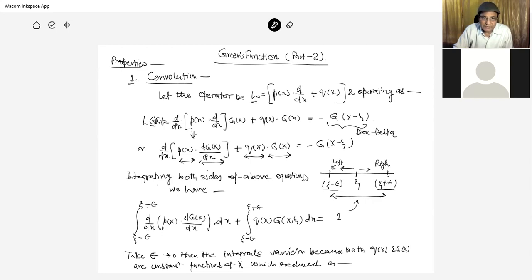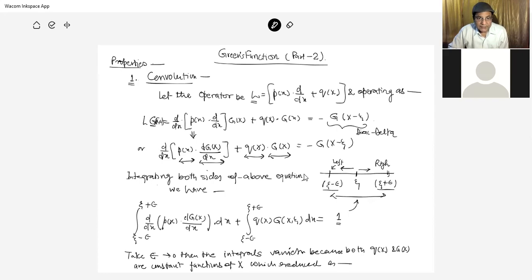So we integrate the above equation with respect to these two limits. One part is the integral from xi minus epsilon to xi plus epsilon of this term, and the second part is the integral from xi minus epsilon to xi plus epsilon of q(x) G(x, xi) dx, which is equal to 1. This is the way to integrate.